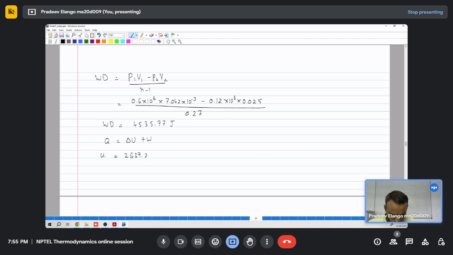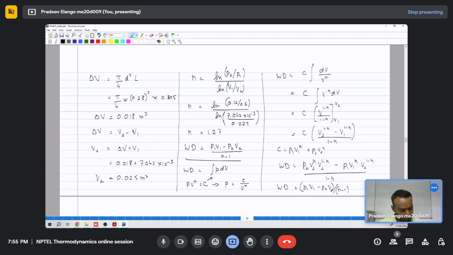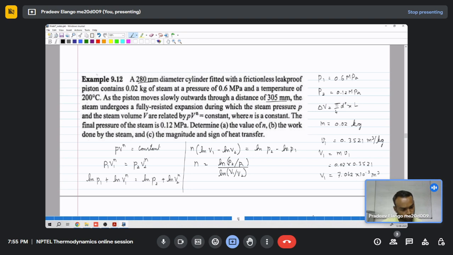So we will have U1, this is kilojoule per kilogram, and similarly you can calculate U2. For U2 we do not have any direct clue, so we have to take the volume and then find.